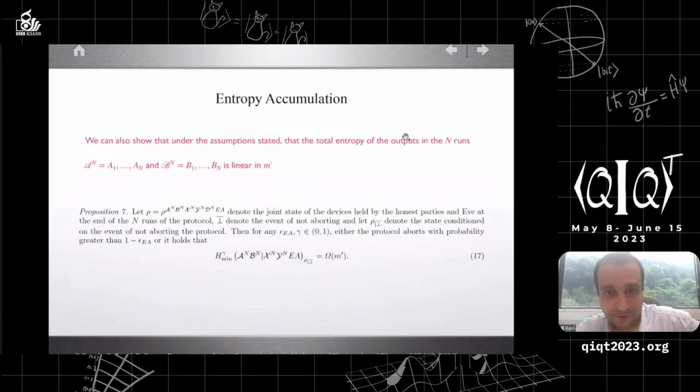And what about all the rounds? What's the total amount of entropy that we get in all the rounds? Now, if you have what's called an IID situation, an independent, identically distributed situation, then of course the total entropy simply adds up. However, we do not have such a thing. We have a general quantum adversary, and all of these measurements are performed in sequence, so they may not be IID.